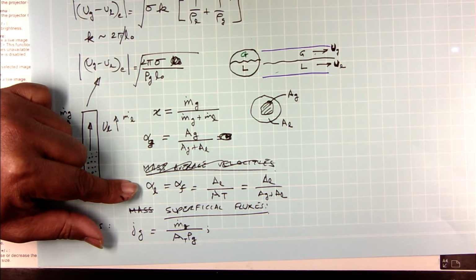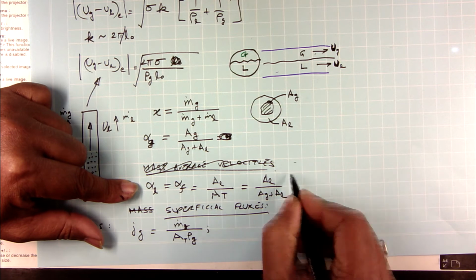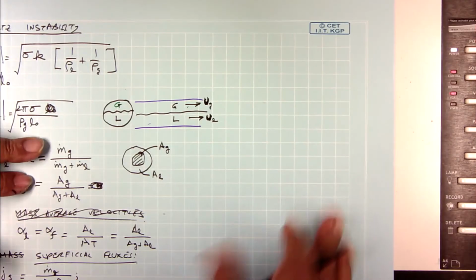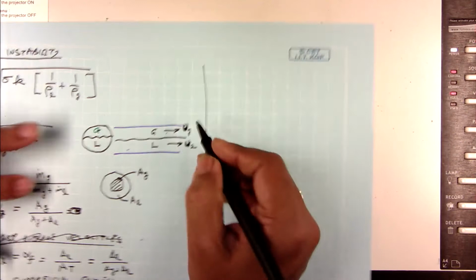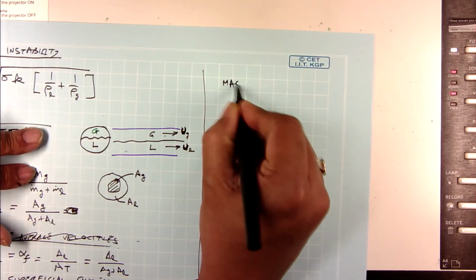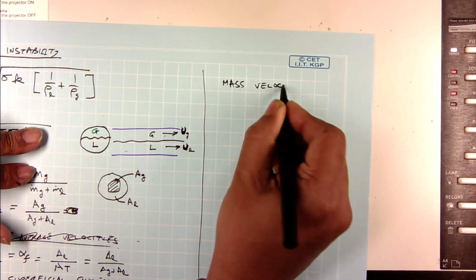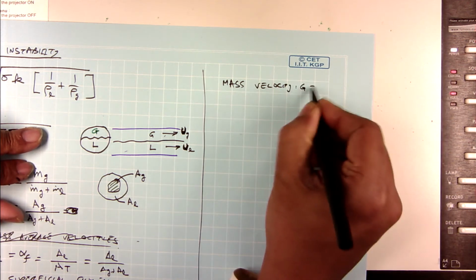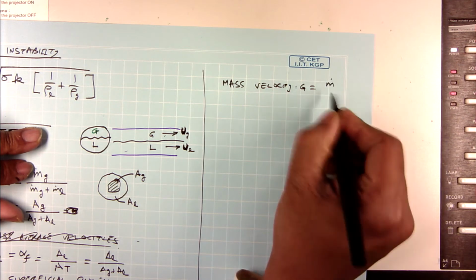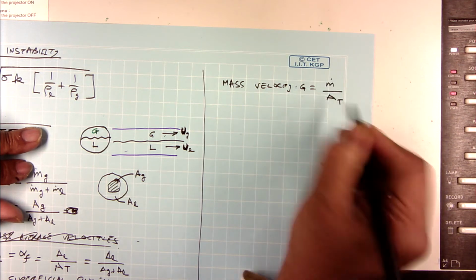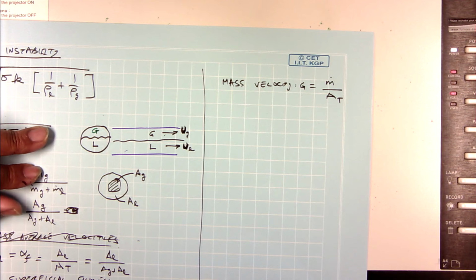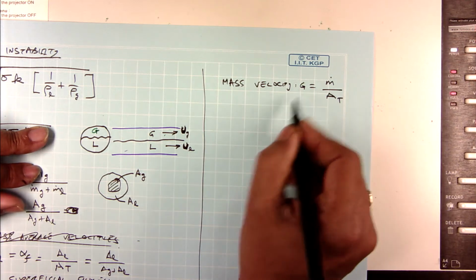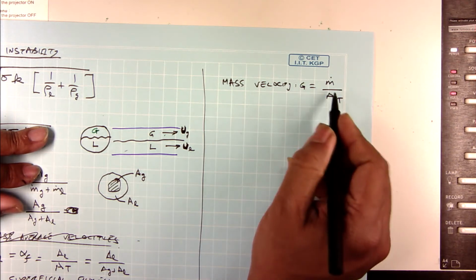Or in other words, we can also define what is known as a mass velocity. Let us define the mass velocity first. Mass velocity G is defined as the total mass flow rate divided by the total area.